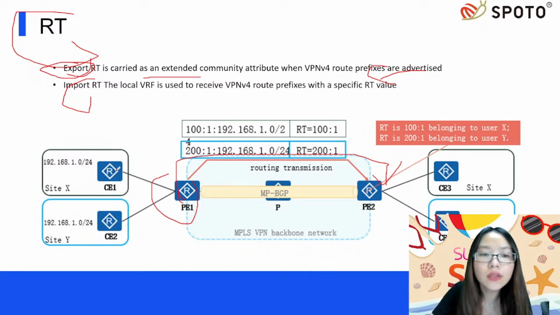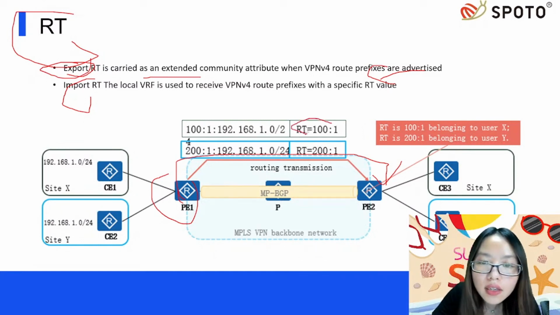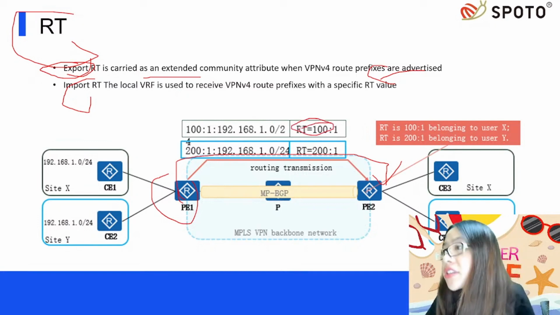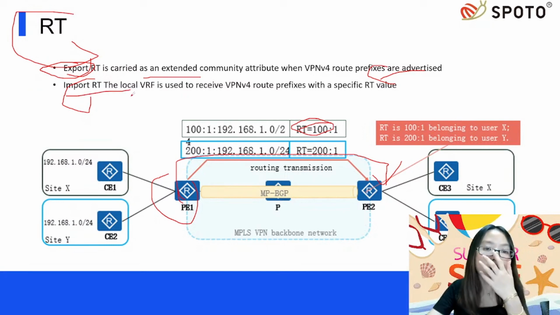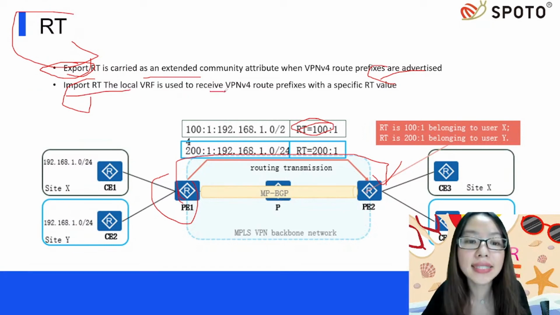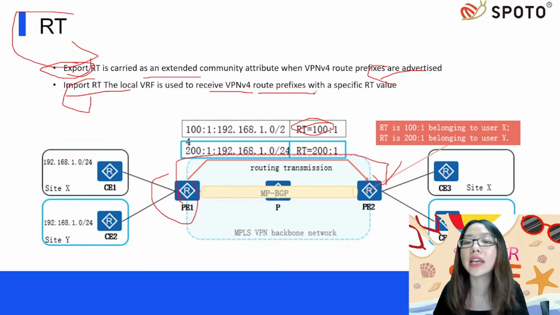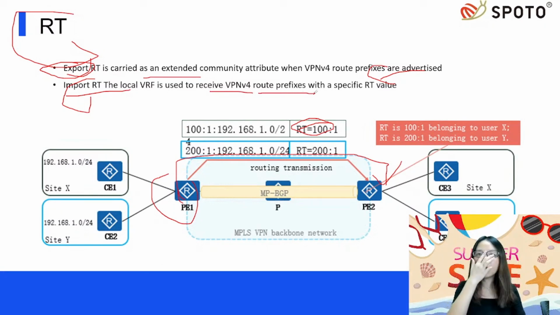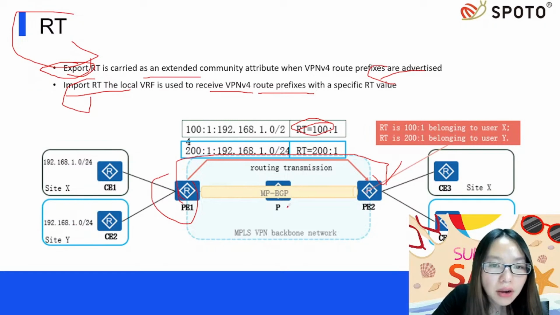And the import RT is used by the local VRF to receive the VPN v4 route prefix with the specific RT value. So let me explain in detail how to use the export RT and the import RT.